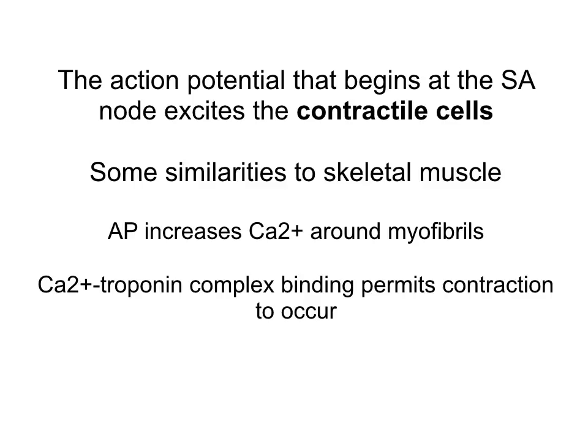That calcium is going to bind to troponin complex, which is going to permit the contraction cycle to function and the cells undergo physical contraction. Because of the similarities in that mechanism, we're not going to redo that mechanism in A&P2. We're going to assume that you remember.